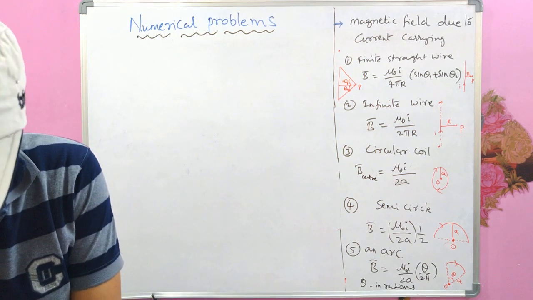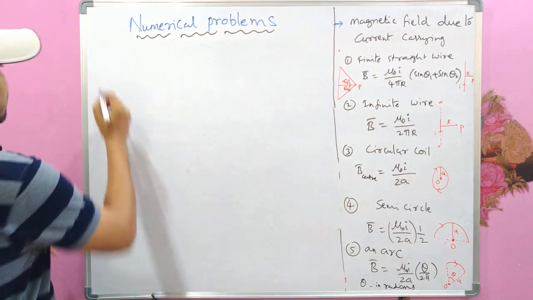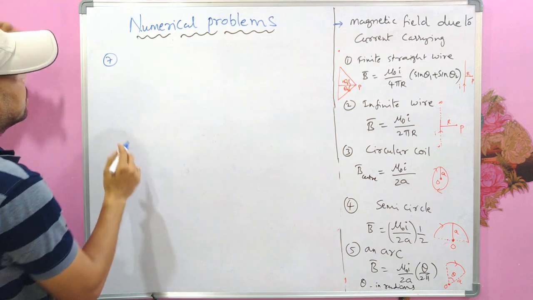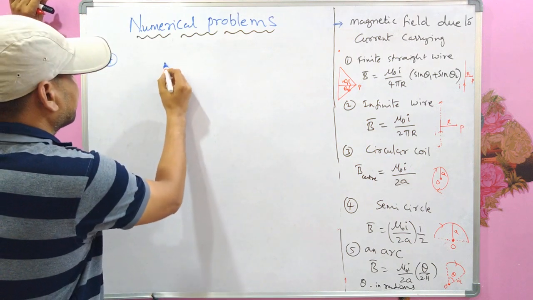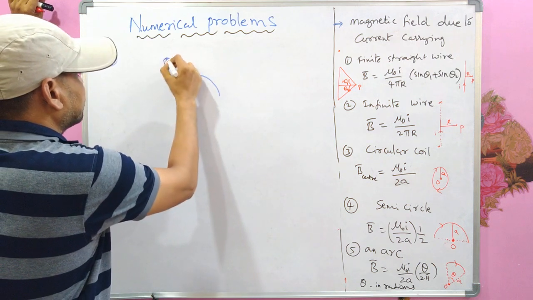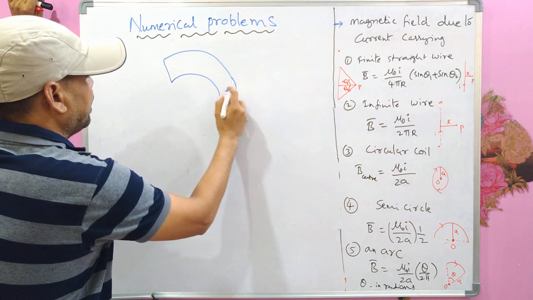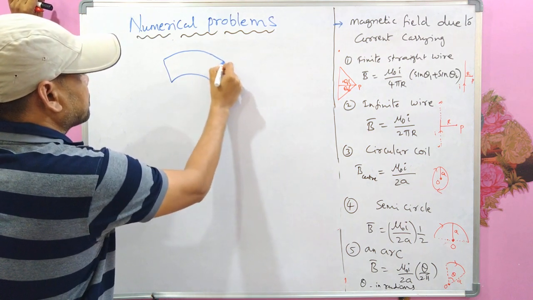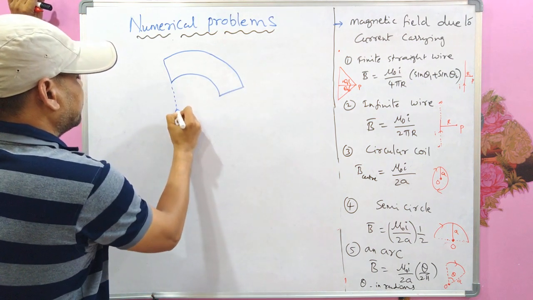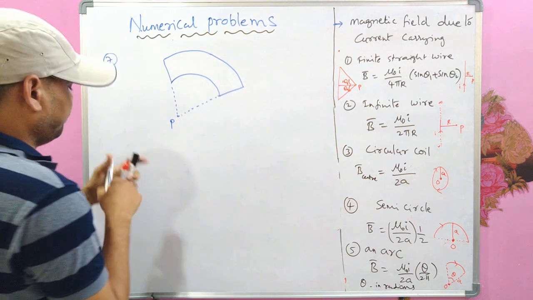Now we will see one last example, the general example. It is 7. Let me take it like this, 2 concentric arcs, and I want the magnetic field at a point P, which is the center of it.